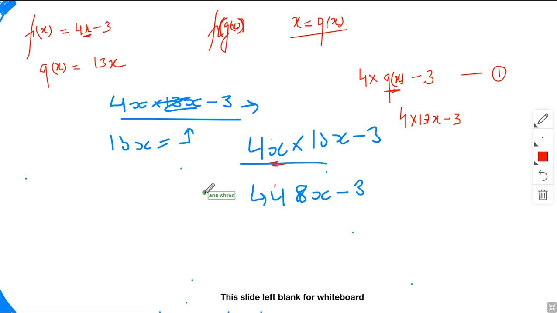That means 52x minus 3. 52x. Yes, 13 multiplied by 4 is 52. Oh, I thought it was 12. Well, it's 52. That's the final answer.